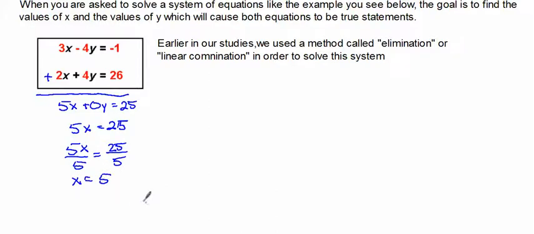Okay. Now, I could solve for y. I could take, for instance, one of the equations, let's say 2x plus 4y equals 26, and substitute 5 in for x. So now I have 2 times 5 plus 4y equals 26.